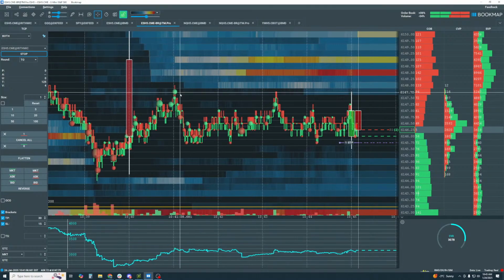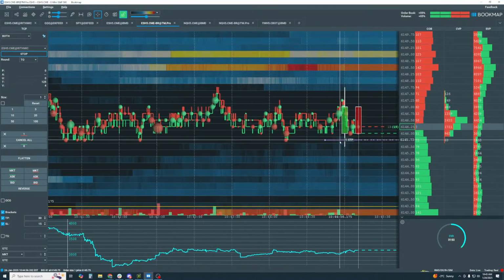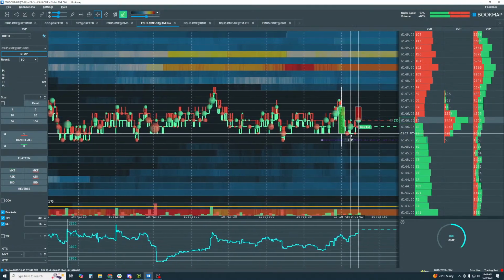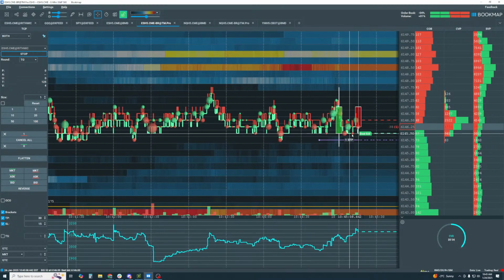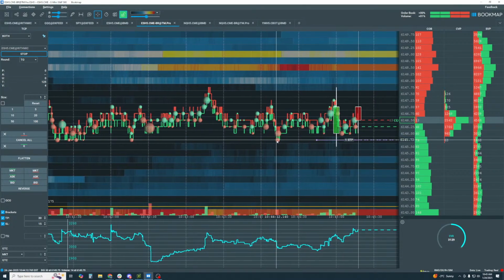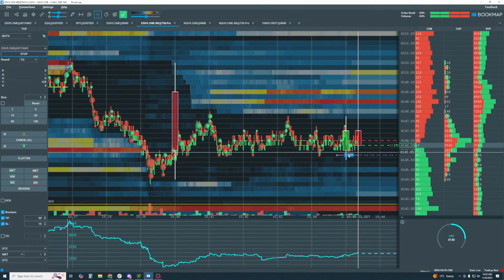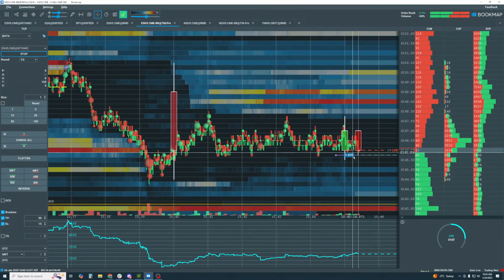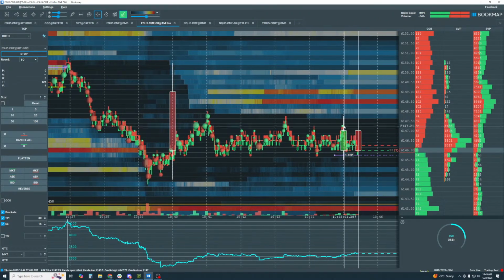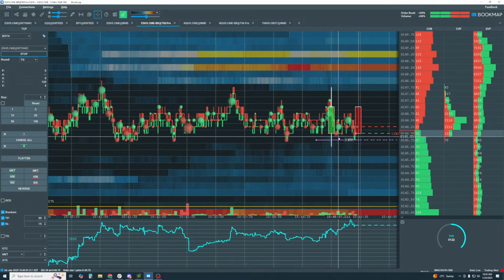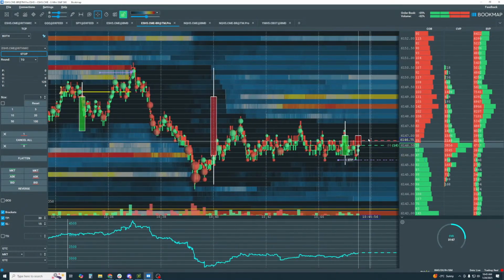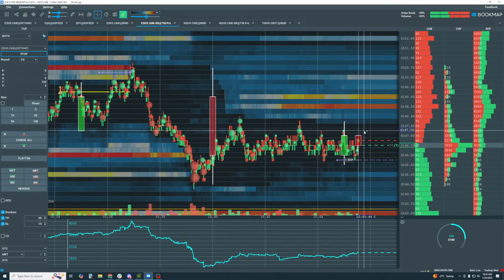Okay, we're kind of chopping around again in this range at the moment, but we're looking for auction here on the sell side, okay, and then to be taken into this. Now this is a bad position to be in because we're at the bottom of the range, and it might just go right back into the top of the range in here. Okay, but we'll play it out just for kicks. And again, this is why it's not a trading room in here.